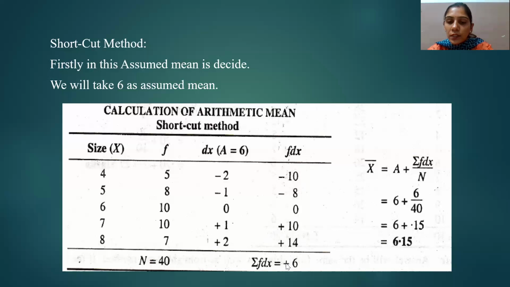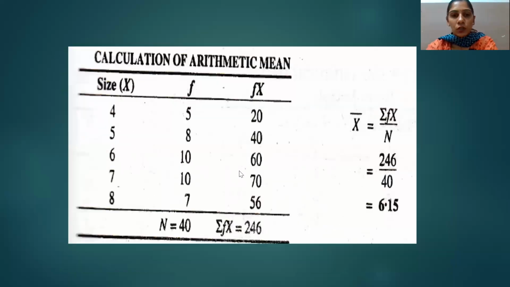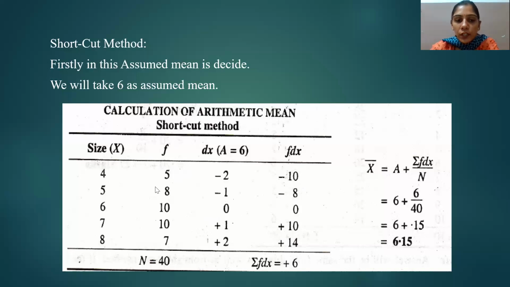Sigma fdx is equal to plus 6, and the value of n is 40, as we also got in the direct method. Basically the total of the value f, the sum of all these values, is the value of n, the total number in the series, that is 40.